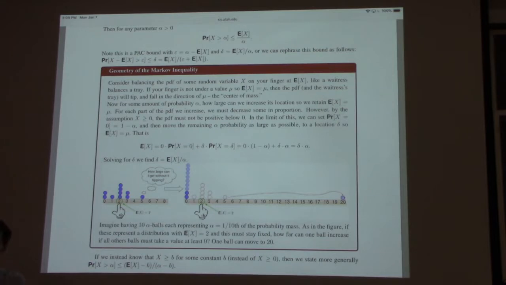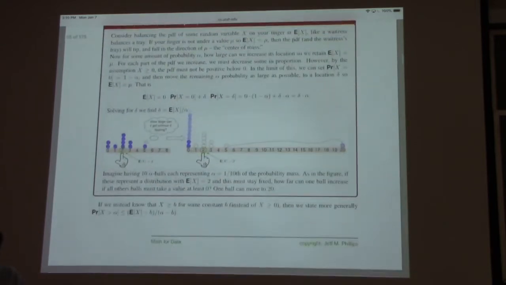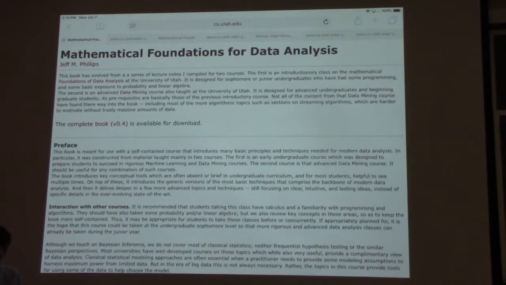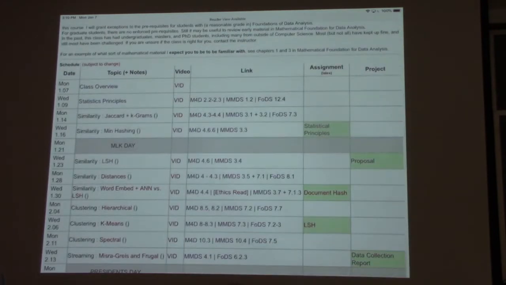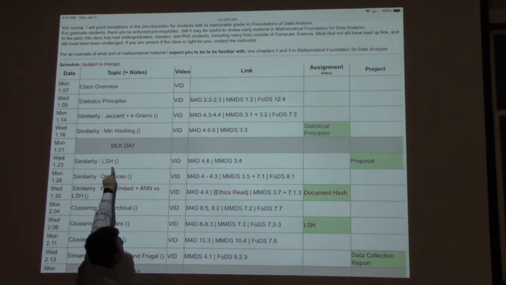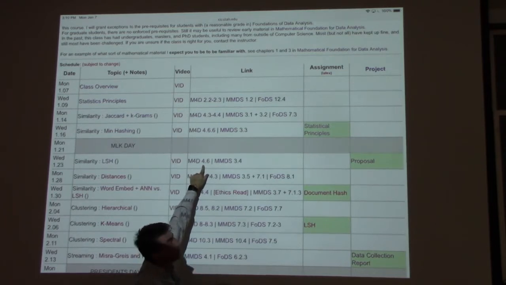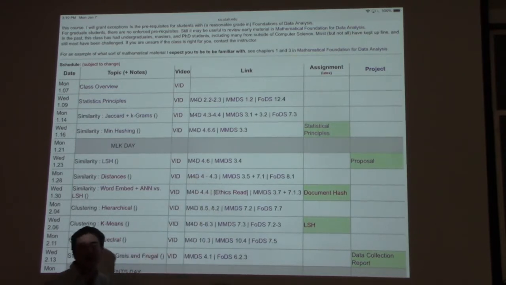So if it's in both, I would recommend looking at the book, but it won't always be in both. There's much more detail in the book. You can see for locality sensitive hashing, this corresponds in the book Math for Data Analysis to chapter 4.6. So you can see where it is in the book. Okay?